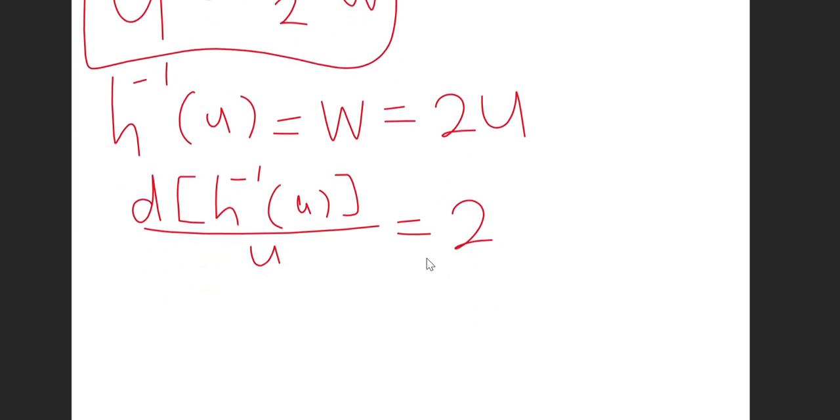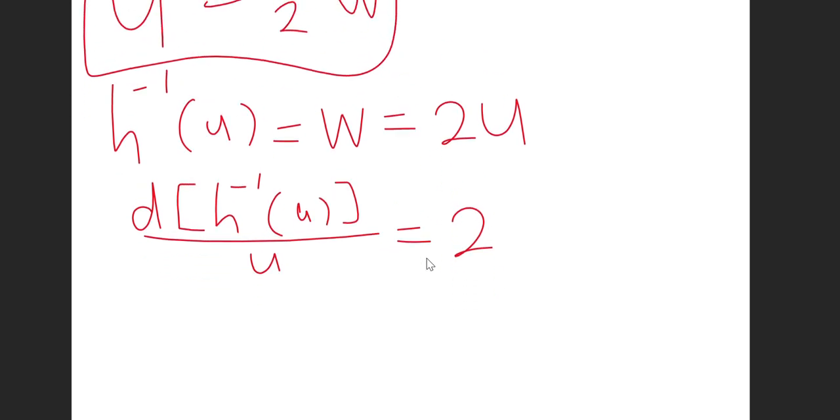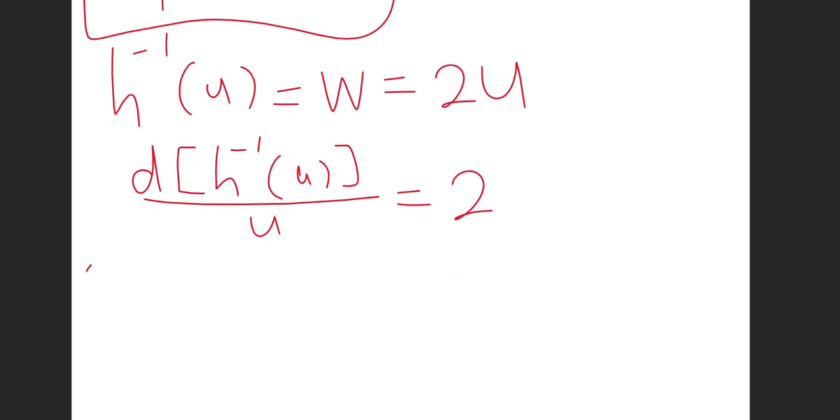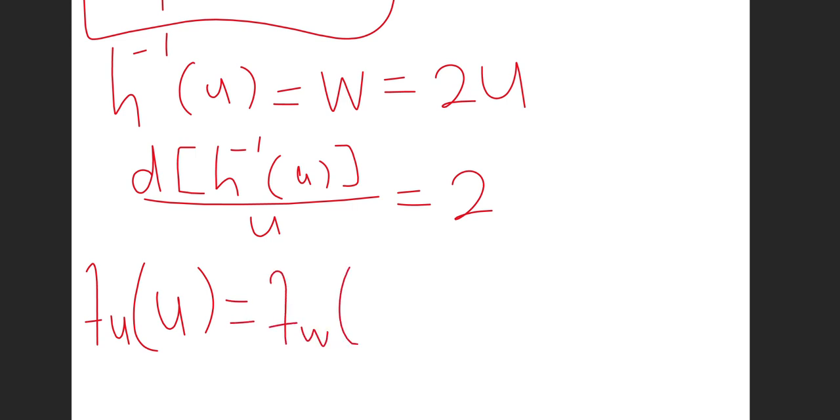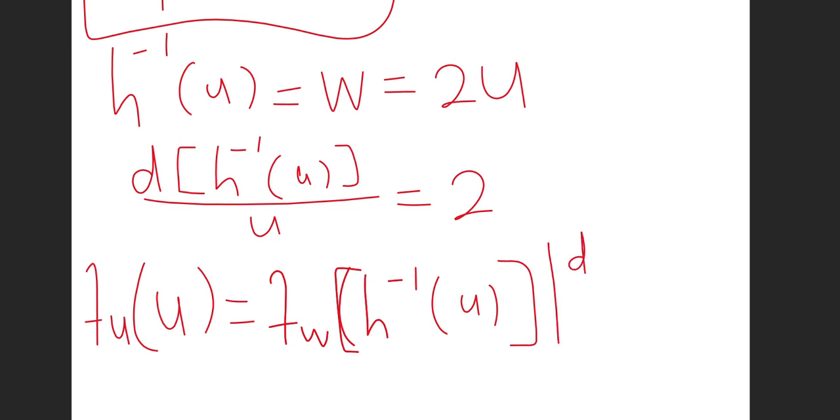So now the transformation of this random variable u, f of u, will be equal to f of w at the inverse, multiplied by this derivative. This is the transformation method.